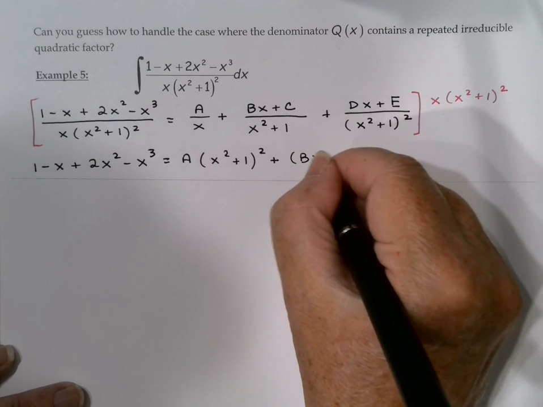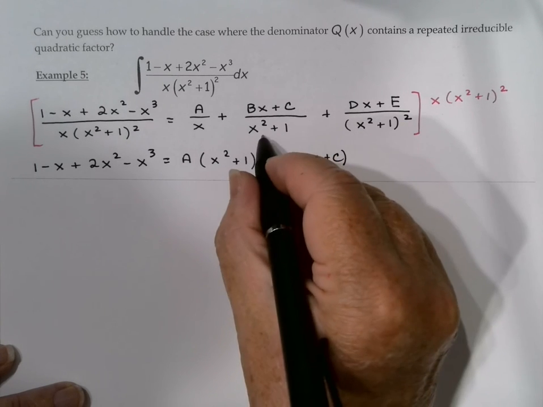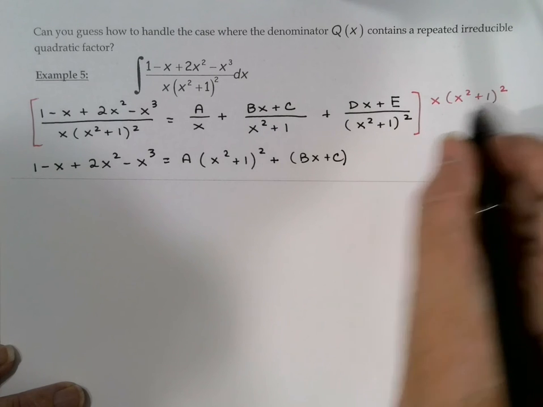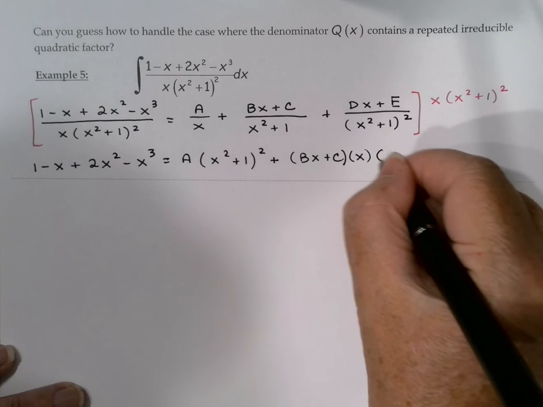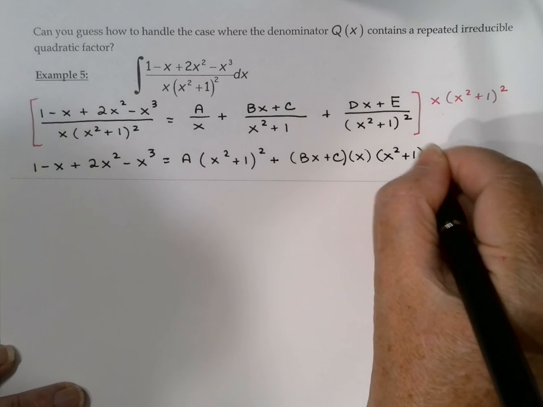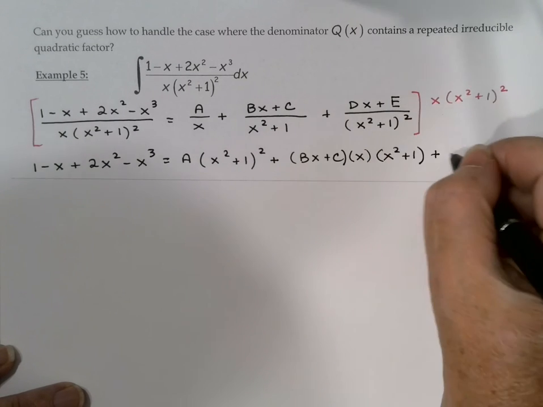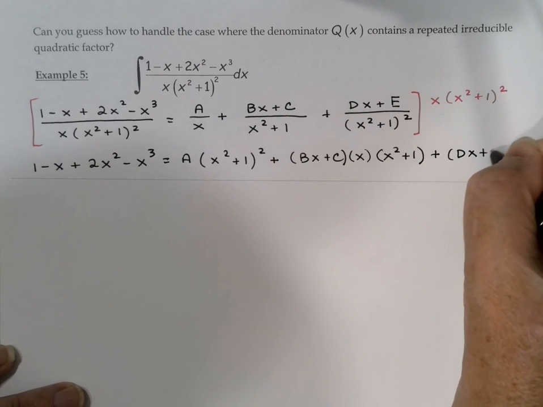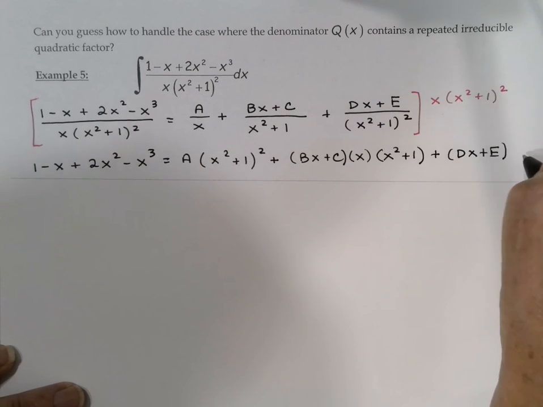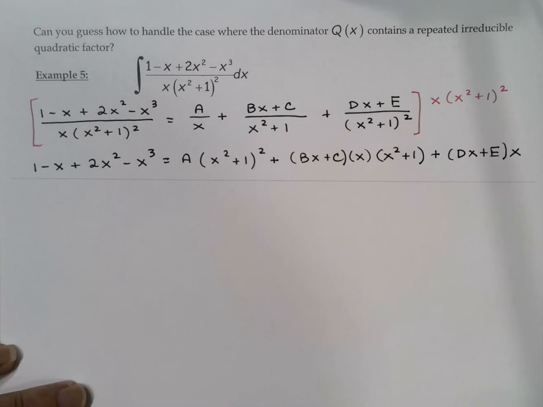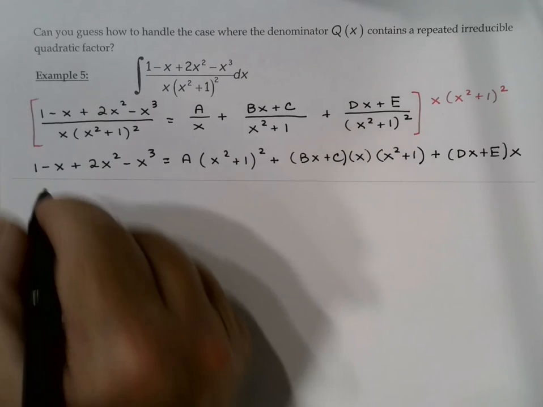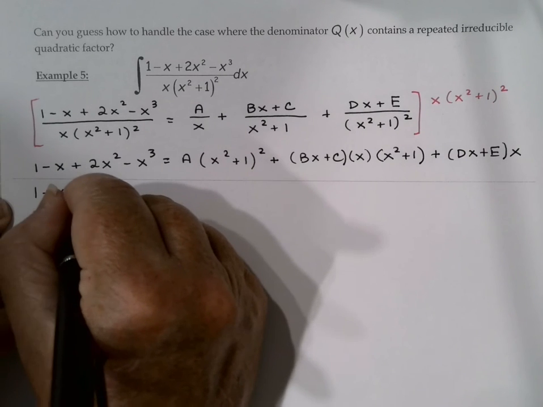That Bx plus C multiplies this x and one of the x squared plus 1's. And that Dx plus E just multiplies the x. All right, bear with me as we crank through some algebra here.